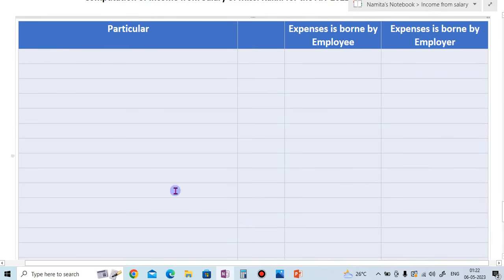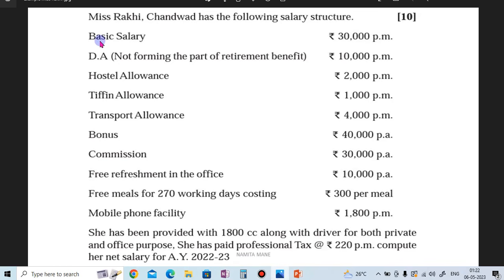Okay. Now first, in the question, what is given? Basic salary. How much is the basic salary of Miss Raki? 30,000 per month. So per month means in a year there are 12 months, so multiply 30,000 by 12.